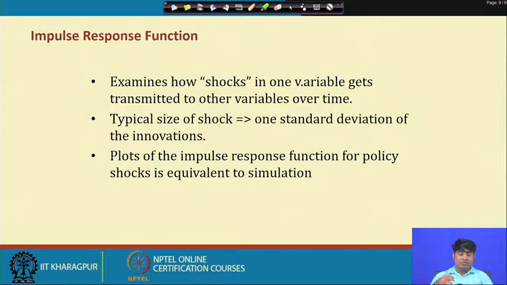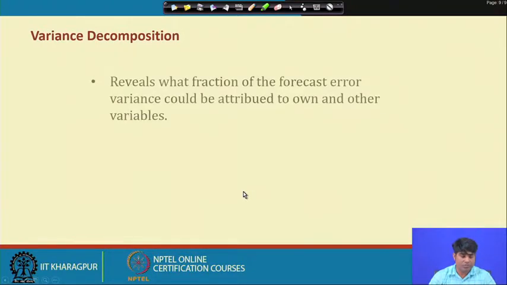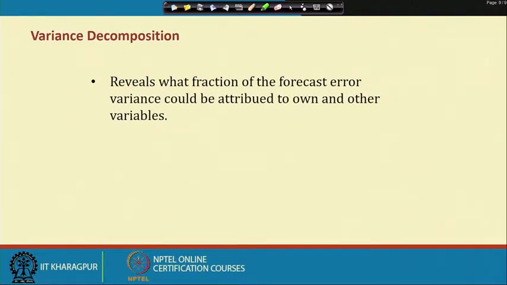Usually the typical size of the shock should be greater than 1 standard deviation of the innovations generated, and plots of these impulse response functions for policy shocks are equivalent to some kind of simulations, right. The variance decomposition scheme reflects what fraction of the forecast error variance can be attributed to one and the other variables.